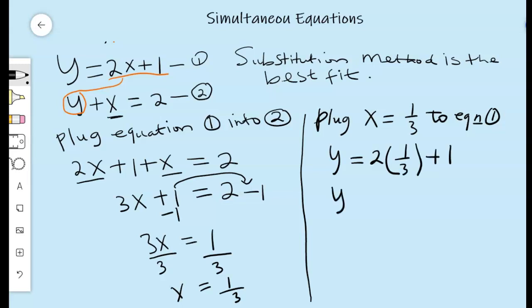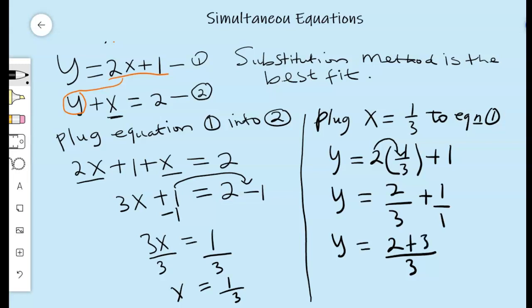We bring it here, it's multiplying, so we got 2 over 3, and then plus 1. Every number is over 1, so here is a fraction. Our common LCM is 3, and 3 goes into 3 once, you multiply it to that, get 2. 1 goes here, 3 times 1 is 3. So we get 5 over 3.